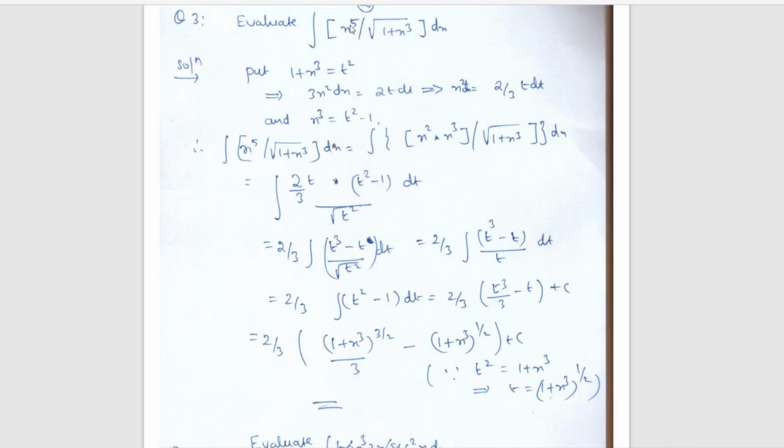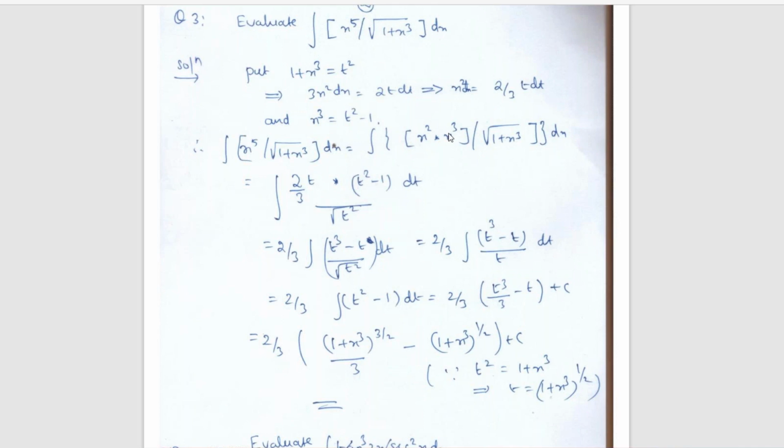Now the given integral becomes integral x to the power 5 is x square into x cube upon square root of 1 plus x cube dx. Now see the numerator, I'm having x square dx in the numerator. So x square dx is 2 by 3 t dt. It is replaced by 2 by 3 t dt here, into x cube.